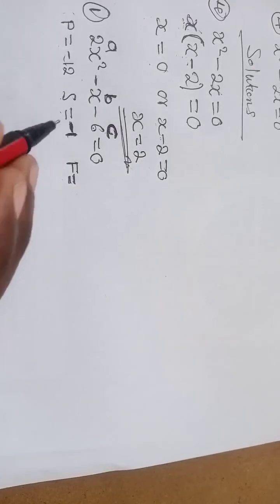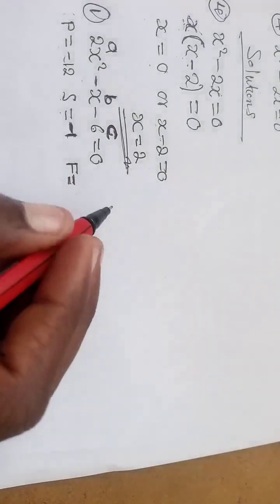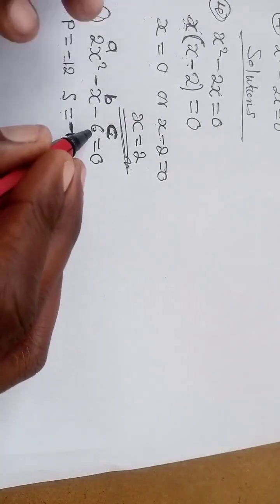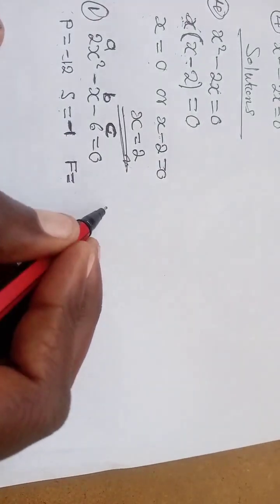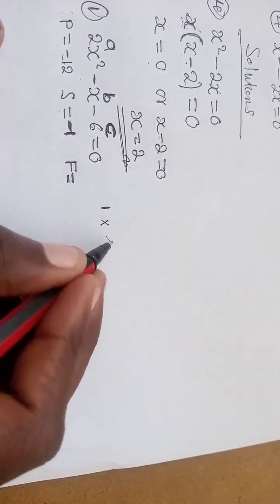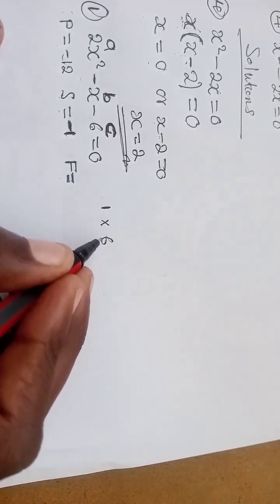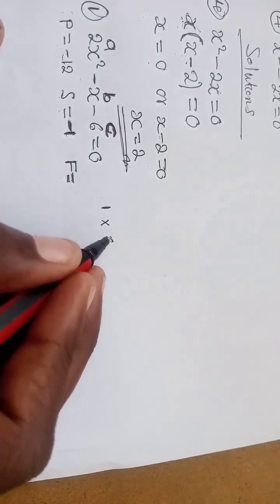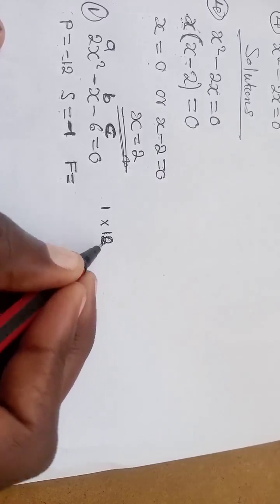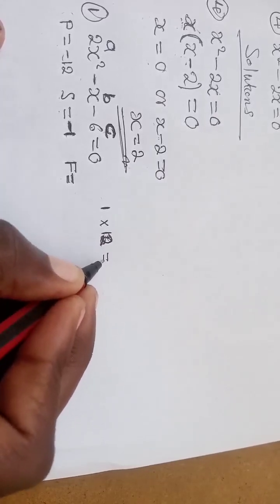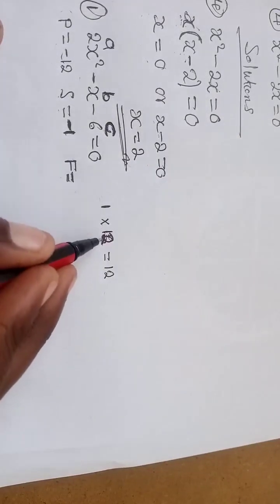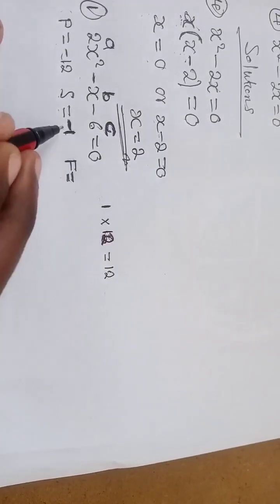Okay, so let's try. We can get 1 times 12. 1 times 12 is equal to 12. But when we add these numbers, are they going to give us -1?